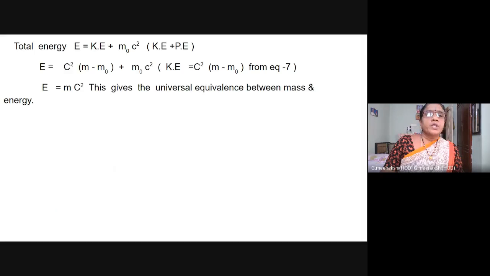So total energy is given as kinetic energy, which is c squared into m minus m naught from the previous relation, plus rest energy, potential energy, which is m naught c squared. m naught c squared will be cancelled here. So the expression for total energy we are getting is c squared into m, or m c squared, which is also called Einstein's universal equivalence between mass and energy relation.